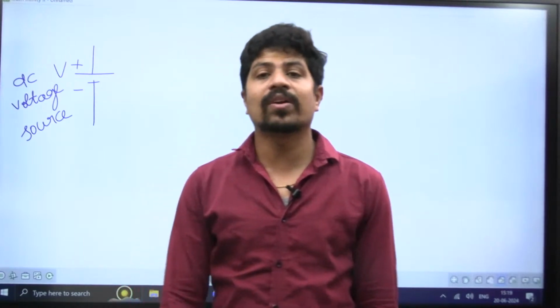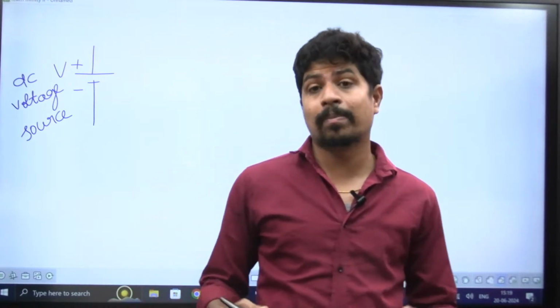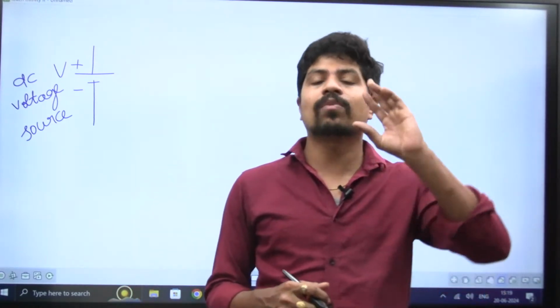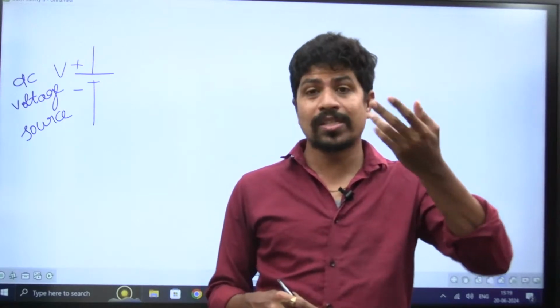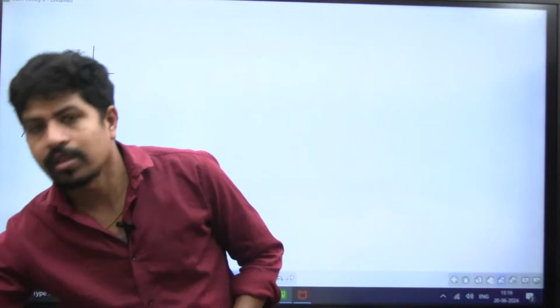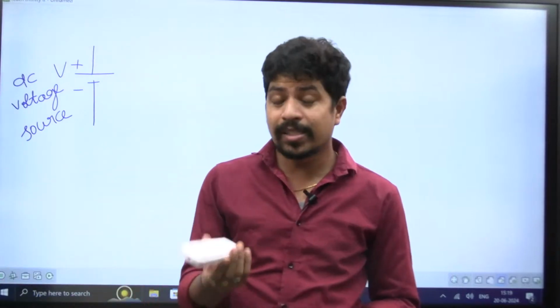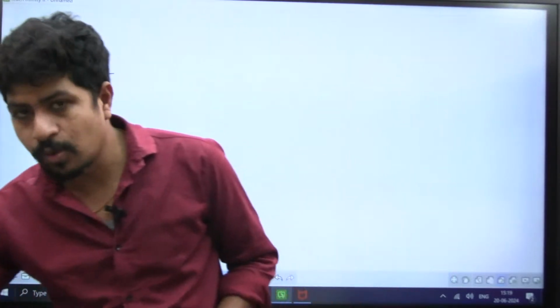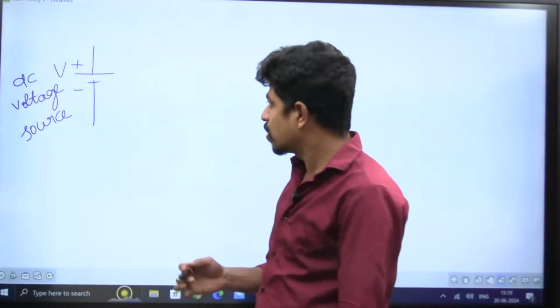An example of a DC voltage source, for a better insight, is a battery. Your cell phone has a battery, and the remote control at your home has batteries. Those are DC voltage sources.